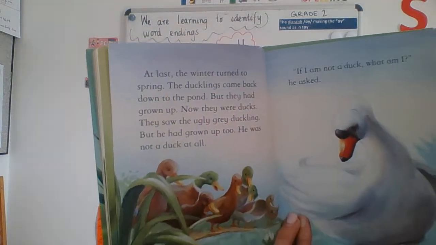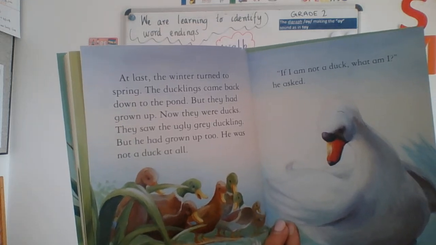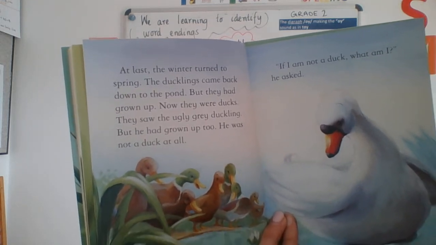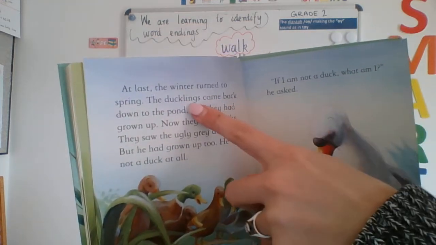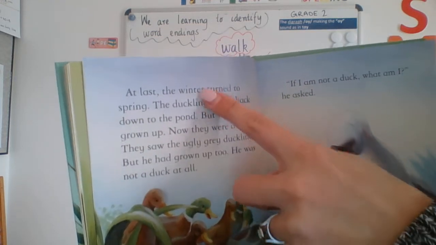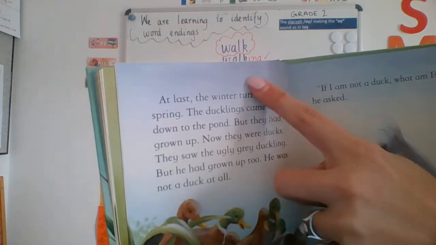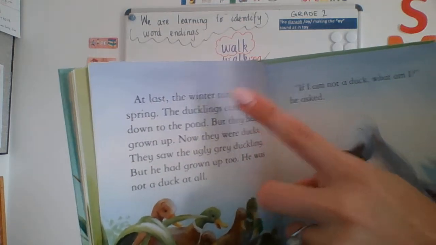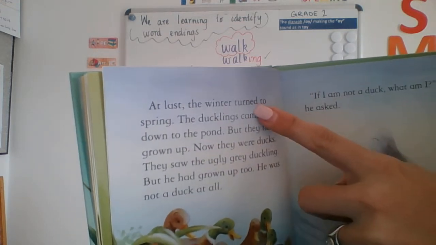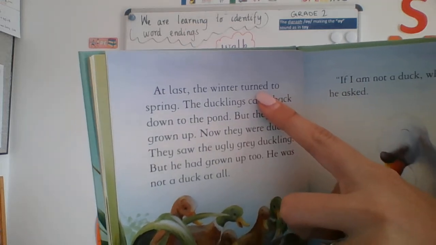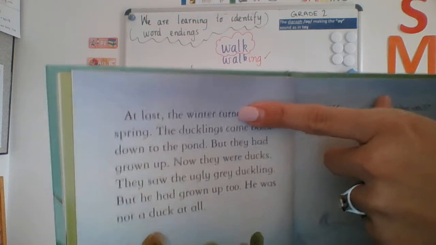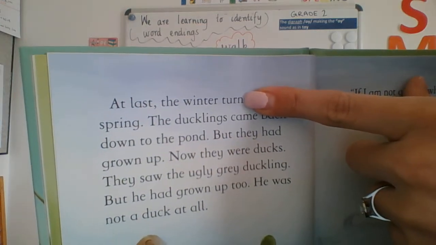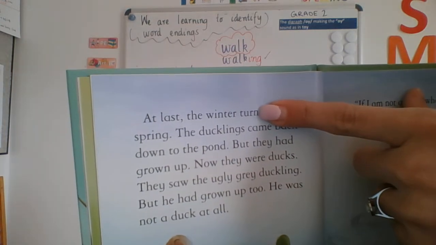At last the winter turned to spring. The ducklings came back down to the pond. All right, I'm already going to stop and I want you to pay attention to this word here. This word says turned, okay? Now, I know it says turned because I've paid attention to the ed at the end. If it did not have the ed, that word would just say turn, okay?